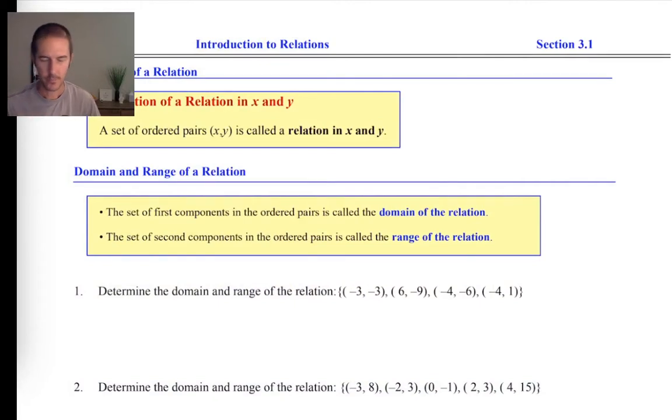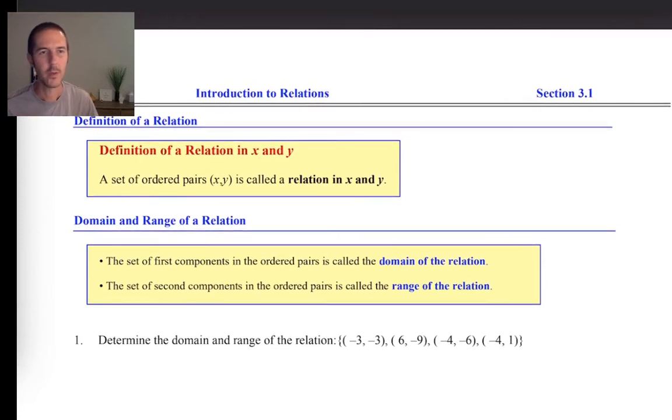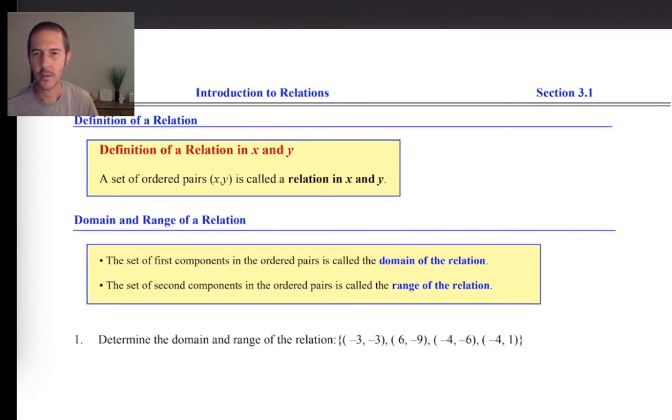A relation is defined as a set of ordered pairs, usually expressed where the first element corresponds to x values and the second element corresponds to a group of y values.